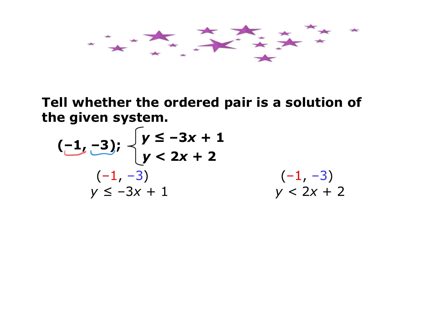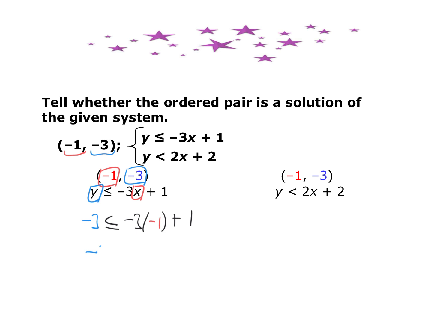To determine if it's a solution, it needs to satisfy both inequalities. So I'm going to plug in -1 everywhere that I see the x, and -3 everywhere that I see the y. So I get -3 is less than or equal to -3 times -1 plus 1, and I want to see if this is true.